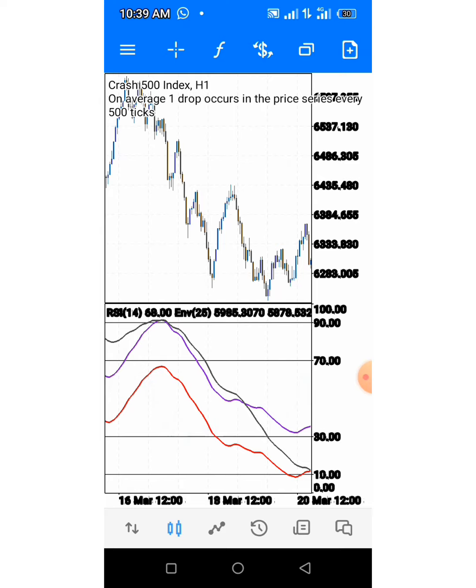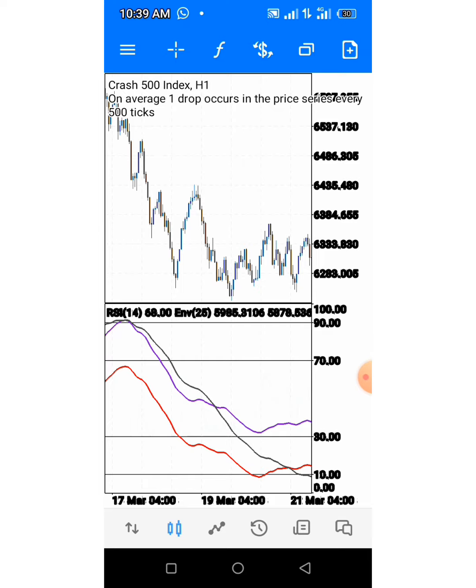So in today's episode, I'll be updating you guys on this strategy I'm using. I later found something, because this strategy you are seeing on this indicator, it's a strategy I made for Boom and Crash 500 and 1000, and not Crash 300.